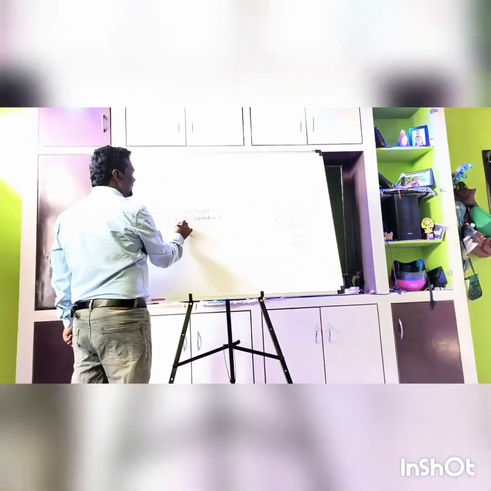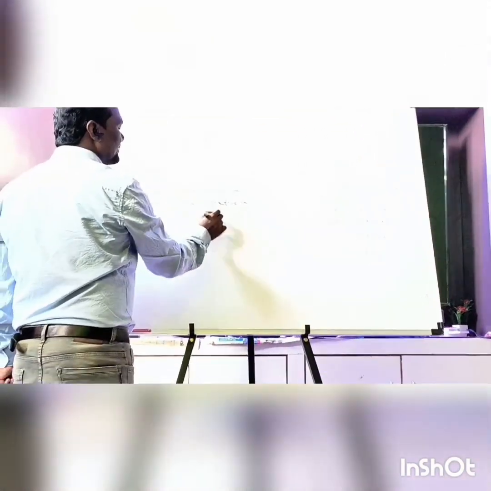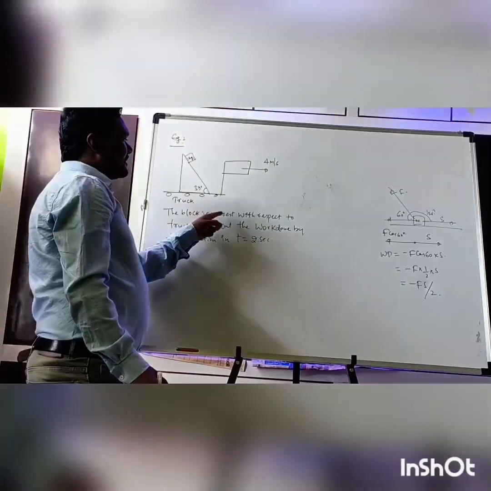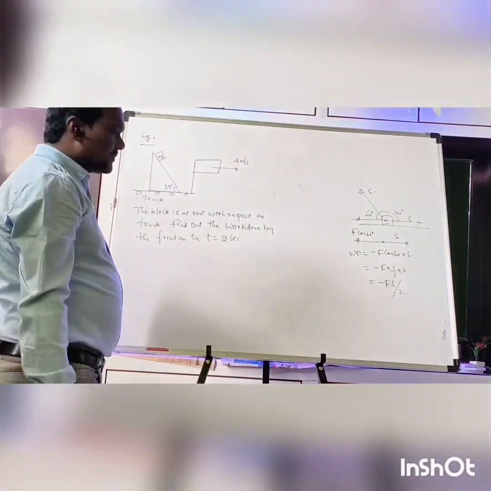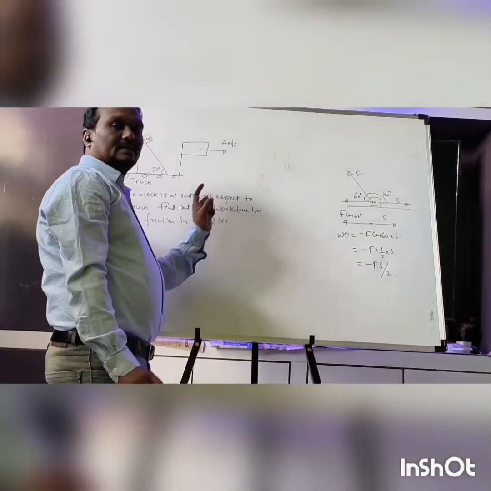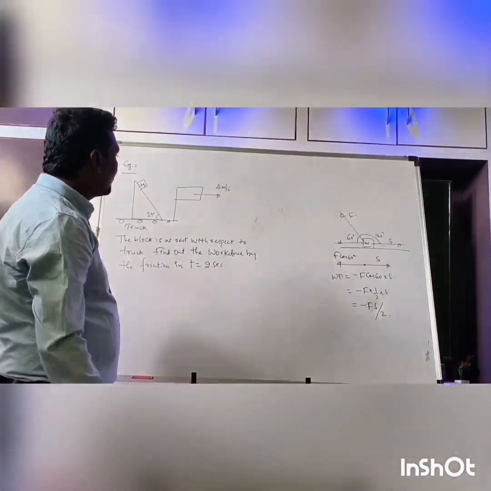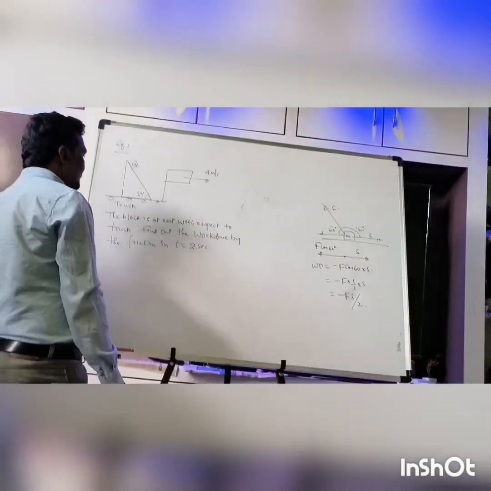Find out the work done by the friction in t equal to 2 seconds. This is my question. So the block is at rest with respect to the truck, and we have to find out the work done by the friction in t equal to 2 seconds.